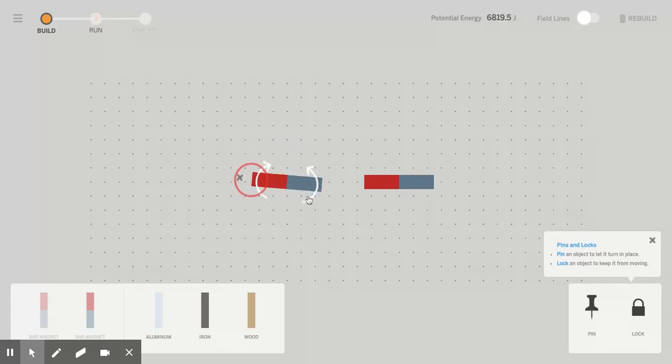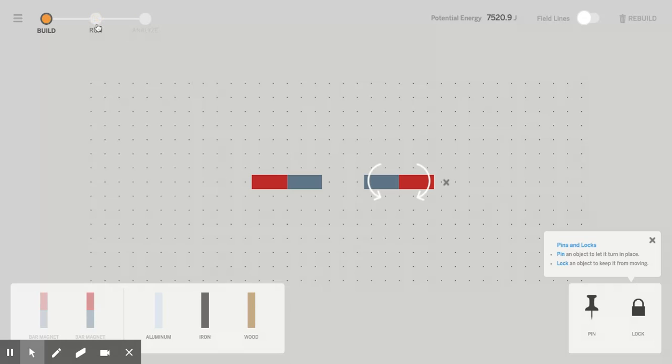So we're going to have both south sides facing each other. Okay, and our starting potential energy now is 7,520.9 joules. Again, 7,520.9 joules. And let's see what happens when we run the simulation now.